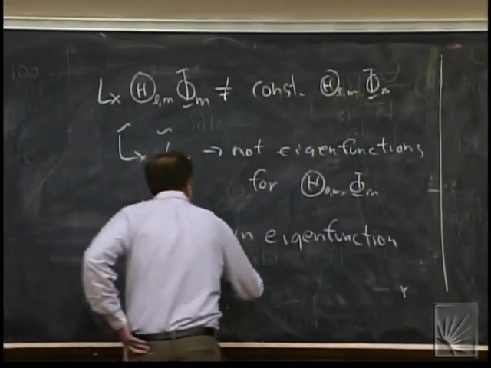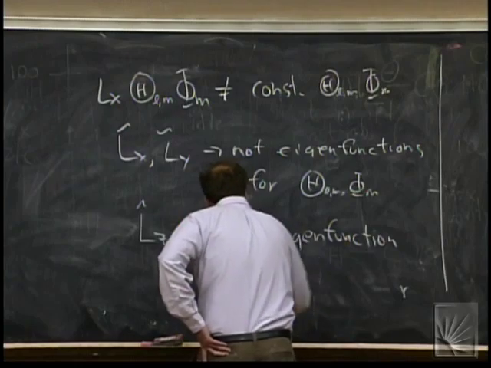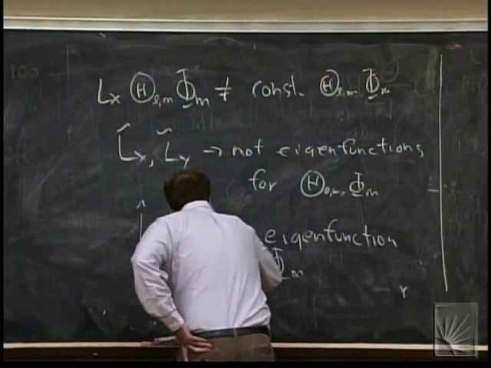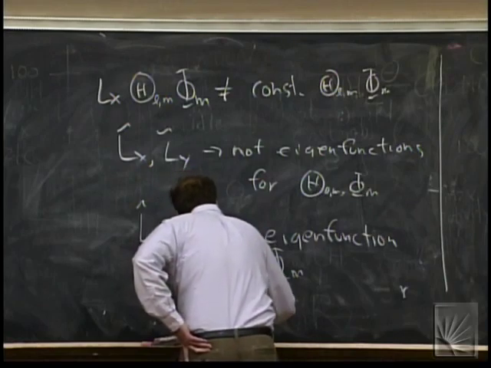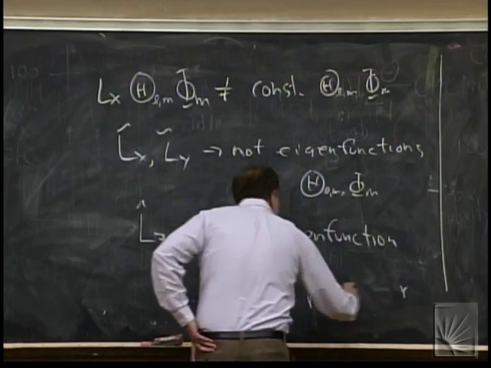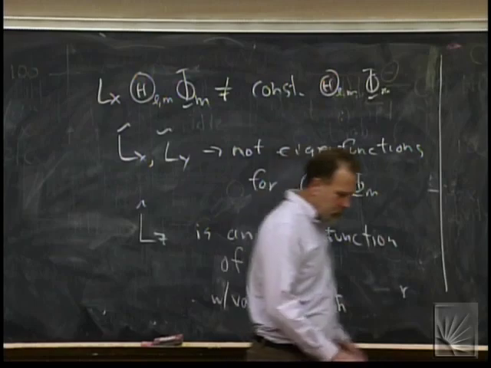Before I draw the picture, I want to repeat that Lz is an eigenfunction of, actually I only care about this bit, phi sub m, with the eigenvalue m sub L times h bar. So what is that to say?